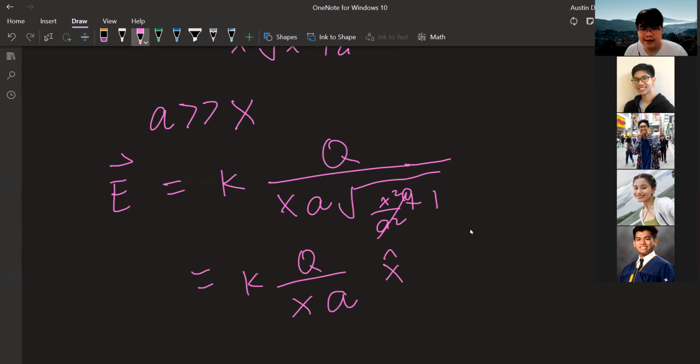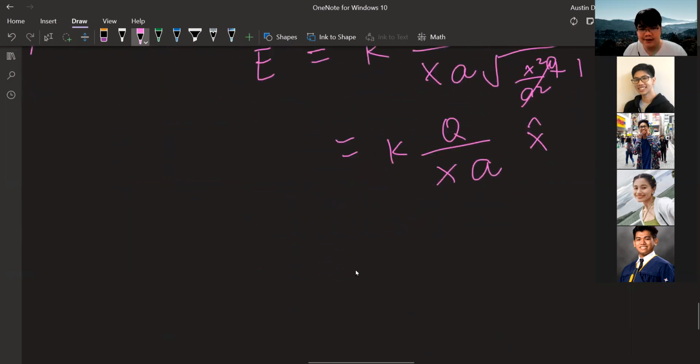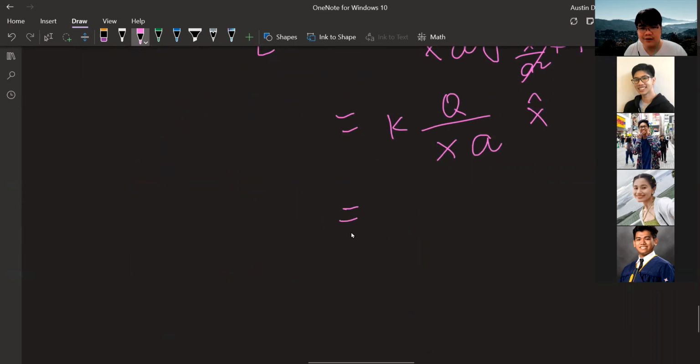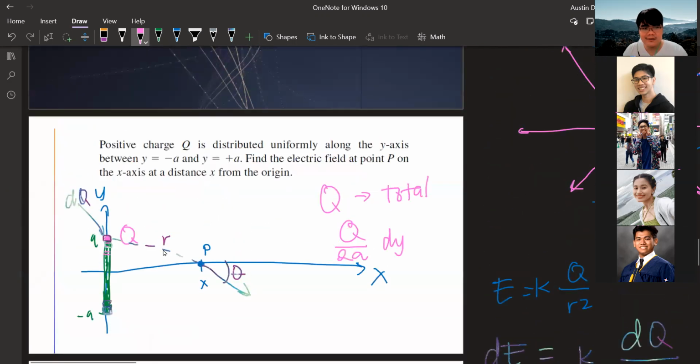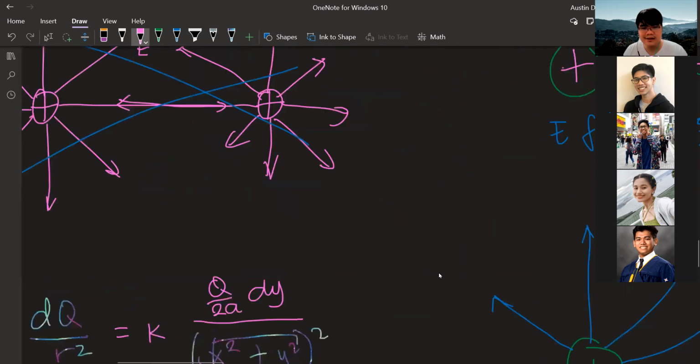Okay, x hat. And what's nice about this is that you can add a factor of 2. Okay? And then 2k. Tapos yung Q over 2a, nalaman na natin kanina yan, that would be the density of your rod, di ba? The density of your rod.